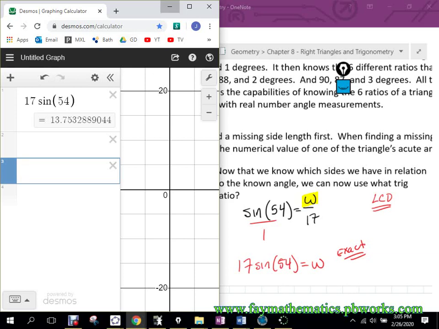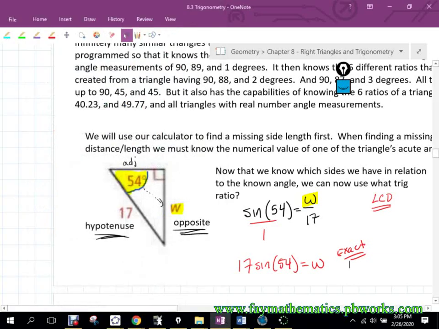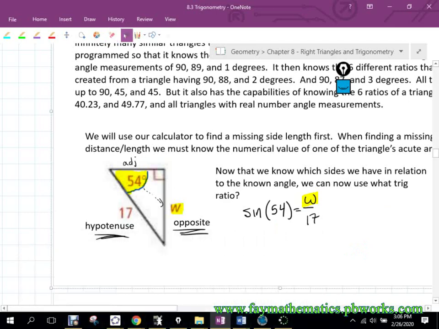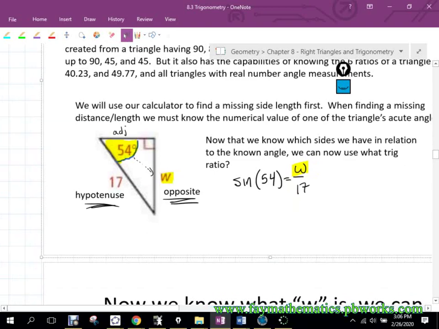All right. Let's make a comparison, and this hopefully makes use of cosine real quick. Just do this real quick for me. Take your calculator out.